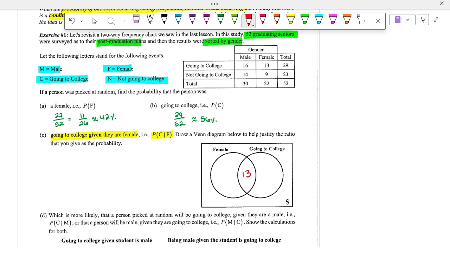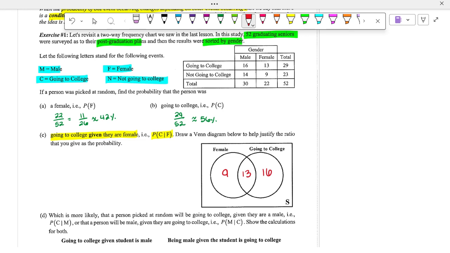How many are just going to college? 29 total. So if we take out the ones that are female, how many are left over? 16. So in other words, it's whatever the males are. So how many are female total? There's 22 females total. So if we take out the ones that are going to college, there's 9 left over.